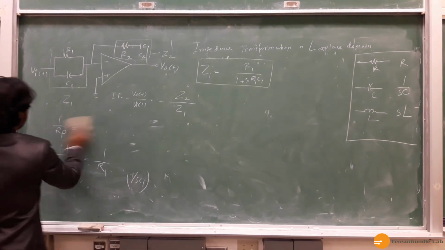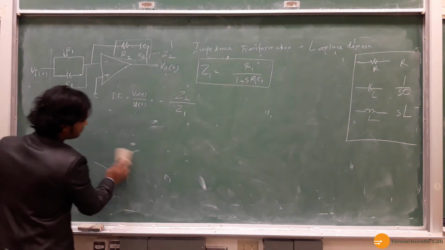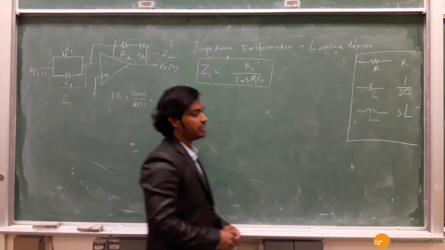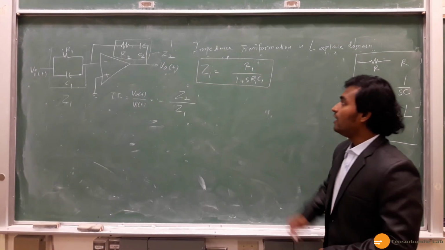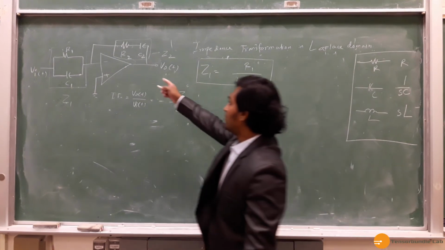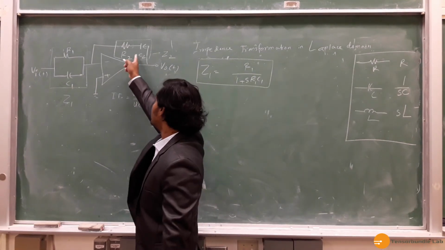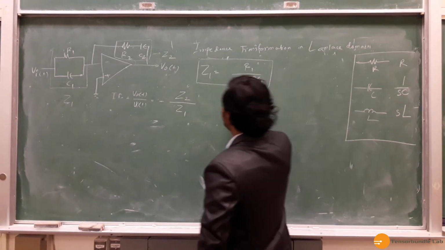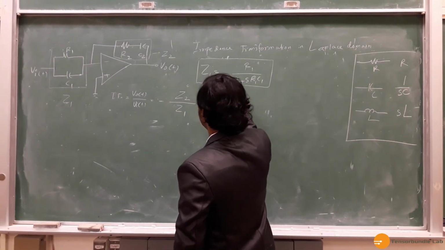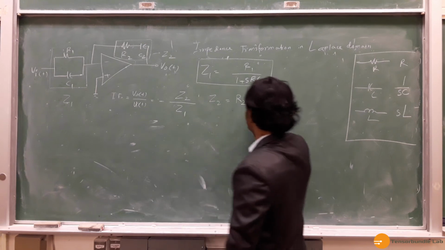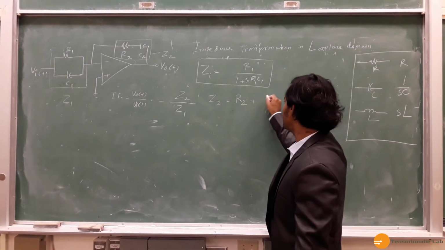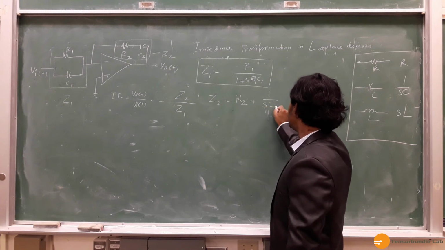Once we find out Z2, then we just take the ratio and put a minus sign in front, and then we can find out the transfer function. It's very straightforward. In Z2, the output feedback loop, it has series elements, so you just add them up. Z2 is equal to the impedance of R2 in S domain, which is R2, plus the impedance of C2 in S domain, which is 1 over SC2.